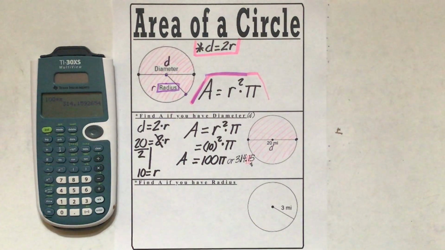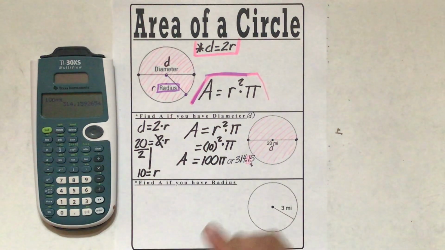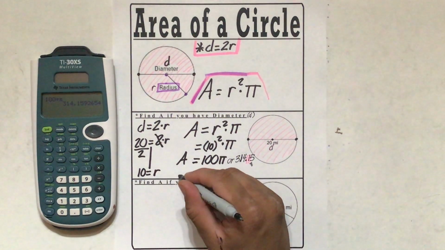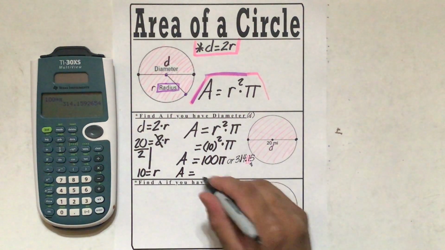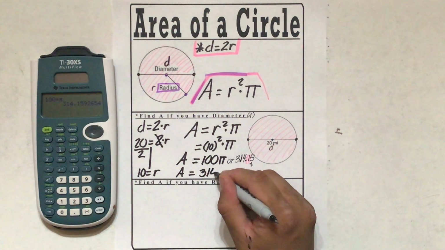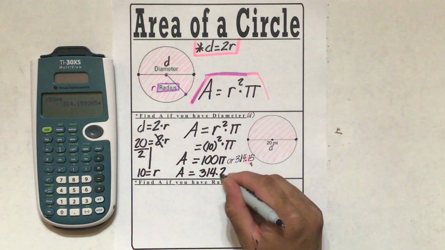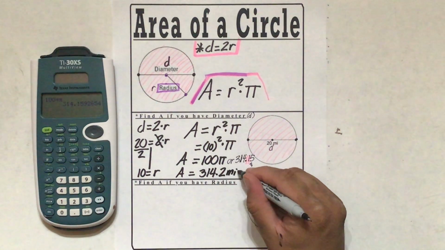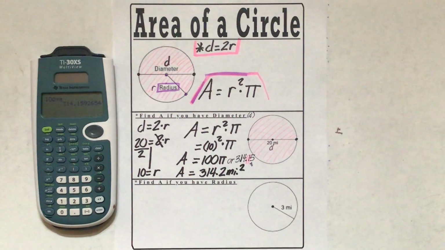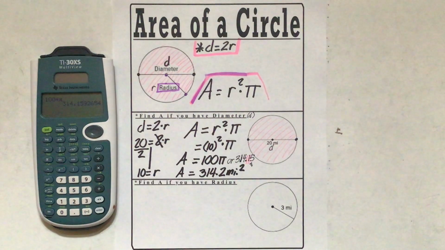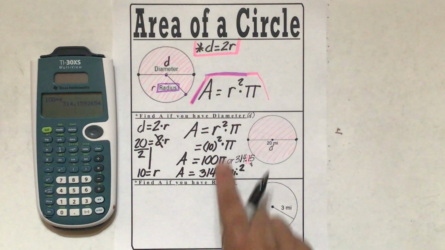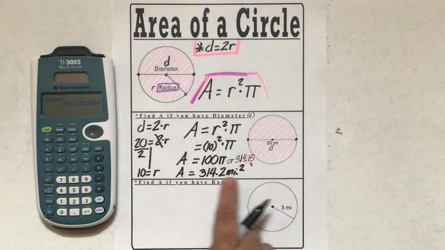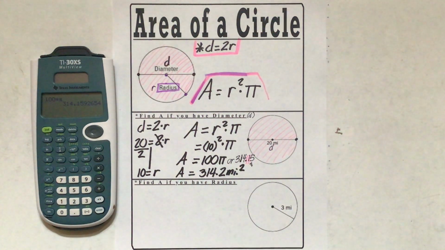Since the 5 is 5 or bigger, it's going to tell the 1 to become a 2. So this area can be 314.2 miles squared is what they call it. Miles squared, because whenever we find the area of something, you say it's squared because we're squaring something. So 314.2 miles squared, or 100 pi miles squared.